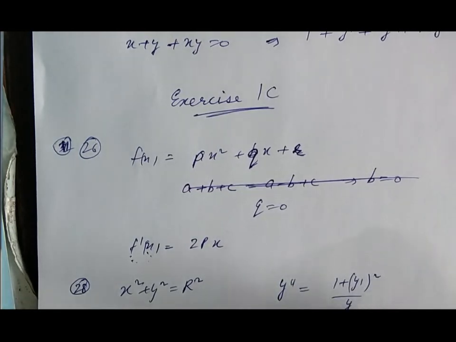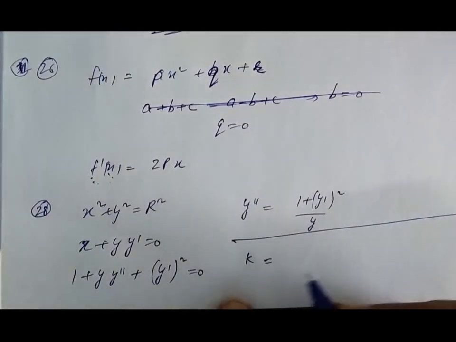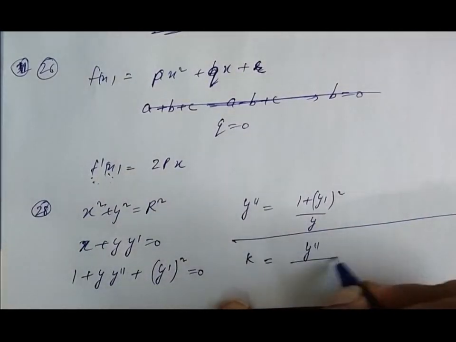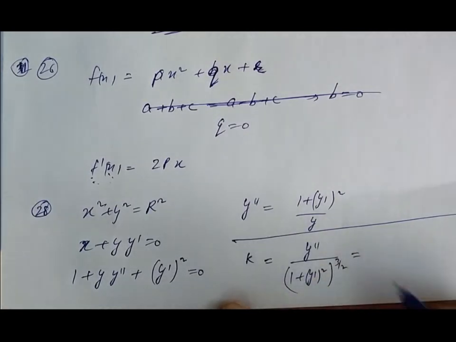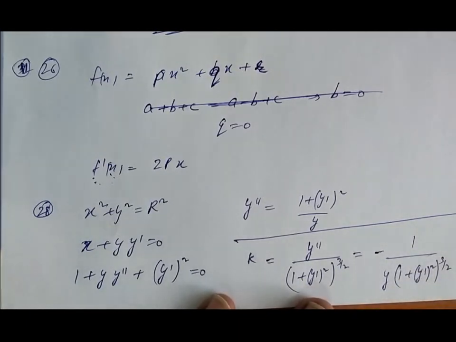So from here y double dash is equal to minus (1 plus y dash square) upon y. Now calculate k. So k will be y double dash upon (1 plus y dash square) power 3 by 2, is equal to minus 1 upon y (1 plus y dash square) power 1 by 2.